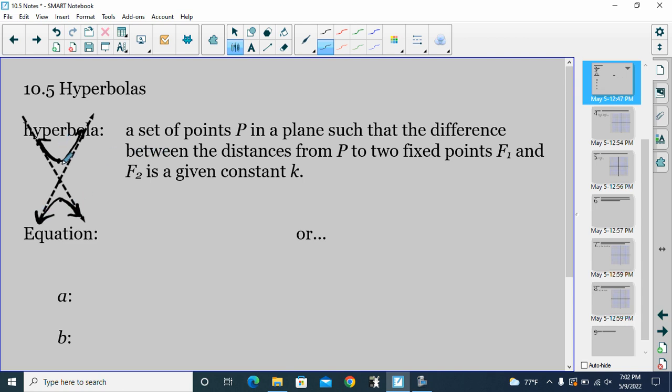We could have vertices that are up and down, and our hyperbola opens up and down. We could also have it where it opens to the left and to the right. Notice a hyperbola is also different than a parabola in that a parabola, as you get further and further away from the vertex here, the slope gets steeper and steeper and steeper.